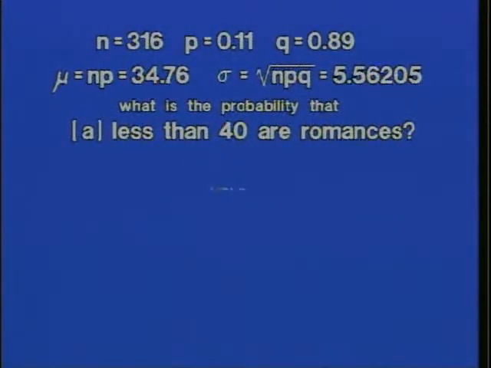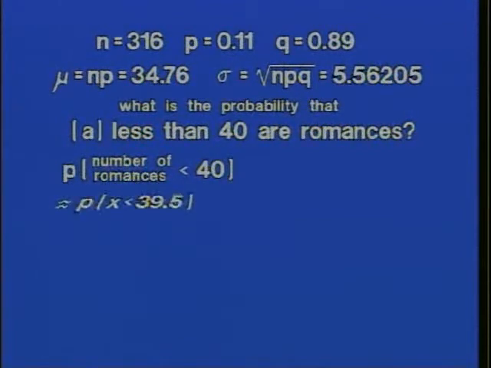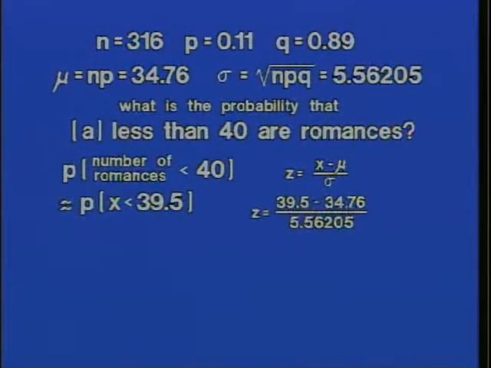Well, here's how the calculation is made. We think about the probability that the number of romances is less than 40 is approximated by, see, we're jumping into our normal distribution here. It's the probability that an x in the normal distribution is less than 39.5. And we'll calculate a z associated with this 39.5 like this, and remember the mean and standard deviation are given above, so we pop in an x of 39.5 and make the calculation to find the z value to be 0.85.